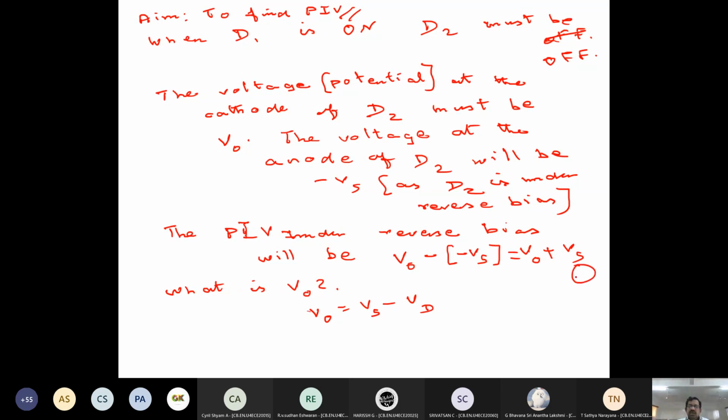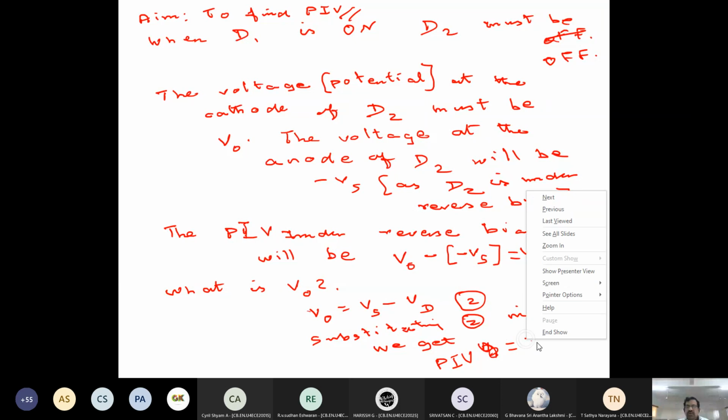So substituting 2 in 1, we get peak inverse voltage equivalent to 2Vs minus Vd.